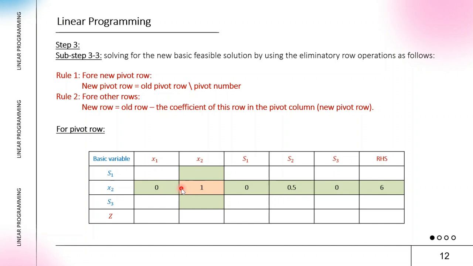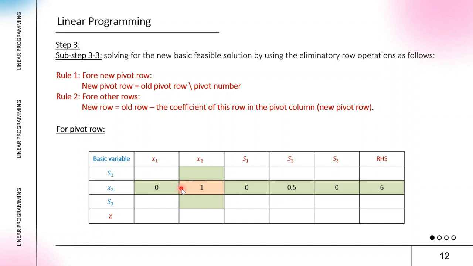This transforms the table so that the pivot column has zeros everywhere except for a single one in the new pivot row. After the first pivot, x2 becomes a basic variable with a value of 6. At the end of this operation, the table will have updated entries.